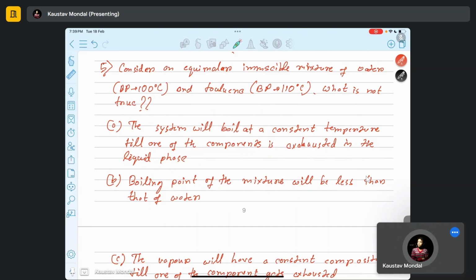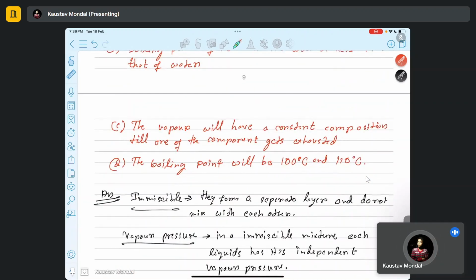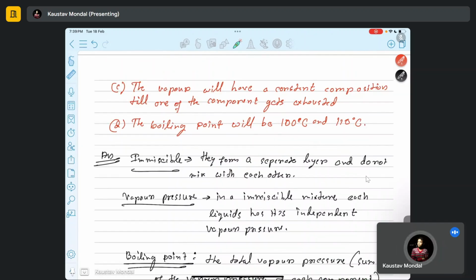Since it's an immiscible fluid, each fluid in the mixture is independent, right? Vapor pressure is also dependent on the temperature, right? So the vapor pressure of each component will also be determined by the temperature, and that is also happening independently.